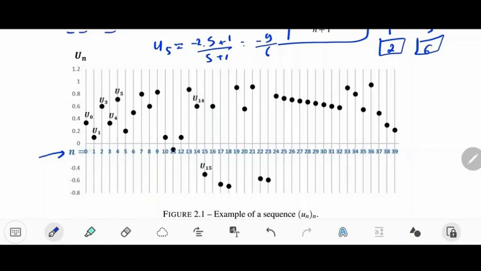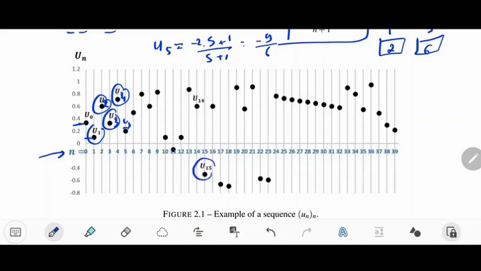So for 0, we have U0, which is here around 0.3. U1 is around 0.1, etc. Okay, so U1, U3, U4, U5, there is no U2 in here. So this is U2, U3, U4, and then U5, etc.